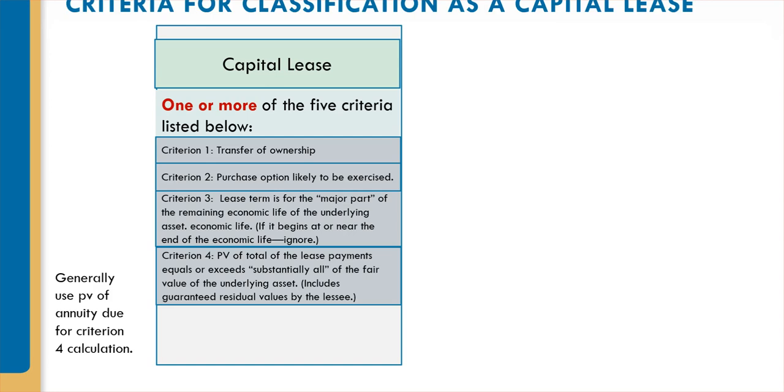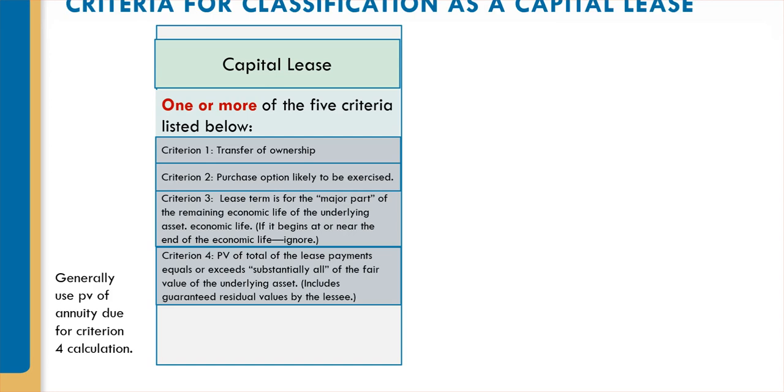And remember, the capital financing thing is going to be the same as an installment purchase. So, capital lease: if any one of the 5 criteria is met, you will call it a capital or finance lease.